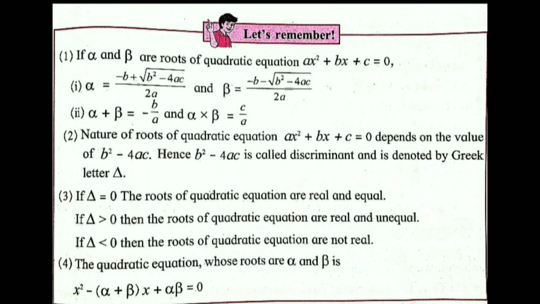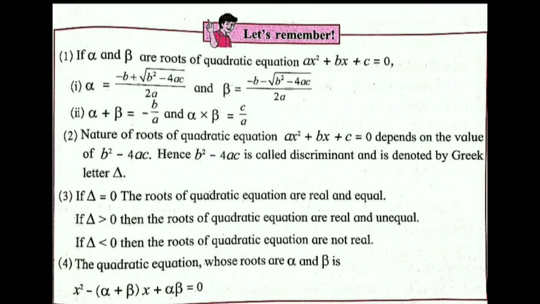Now we are going to take alpha is equal to minus b plus root of b square minus 4ac upon 2a, and beta is equal to minus b minus root of b square minus 4ac upon 2a, where a, b, c are what? Coefficients. And what is the relation between the roots and their coefficients? So alpha plus beta is equal to minus b upon a, and alpha into beta is equal to c upon a.